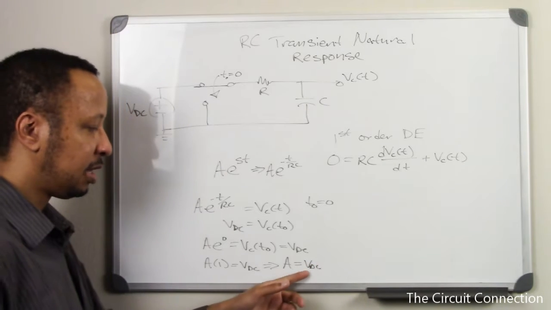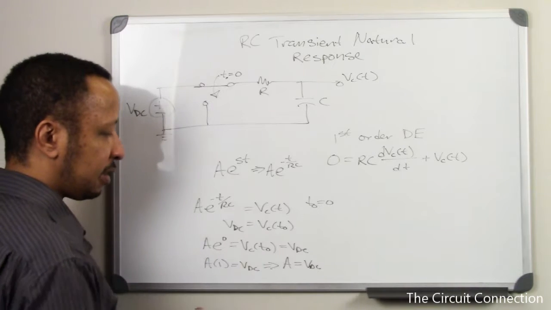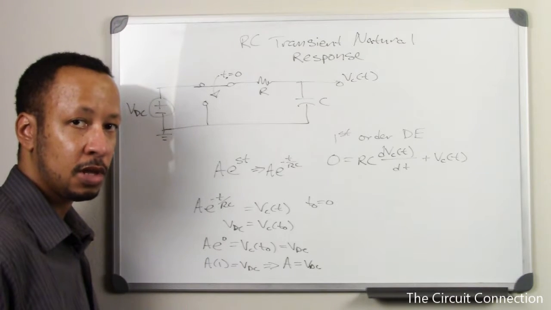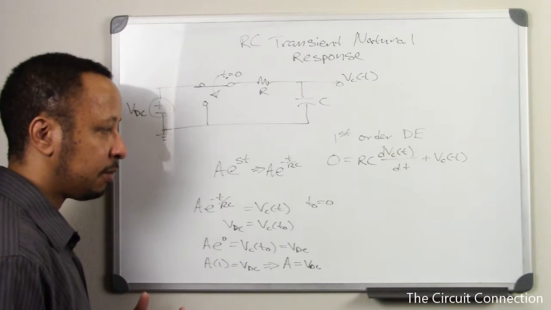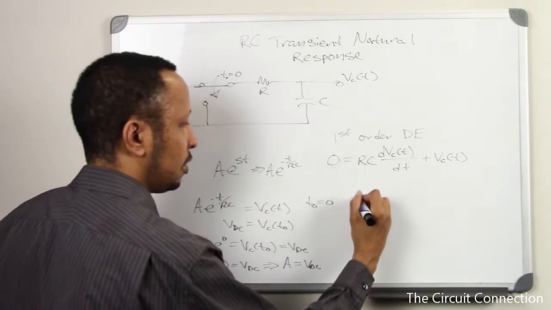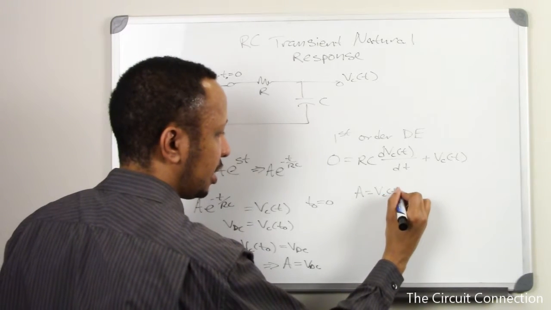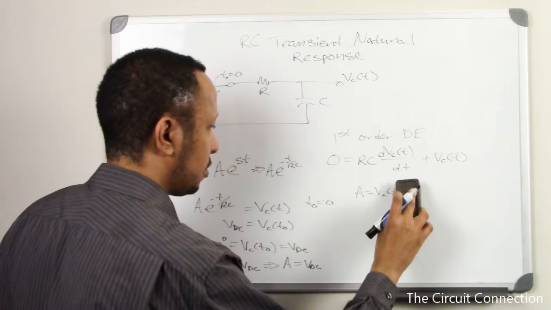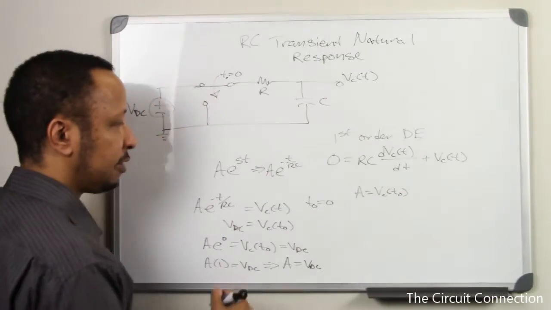But instead of putting VDC there, we can simply say Vc of t sub 0, to keep it as general as we would like. So A equals Vc of t sub 0, which in this case happens to be VDC.